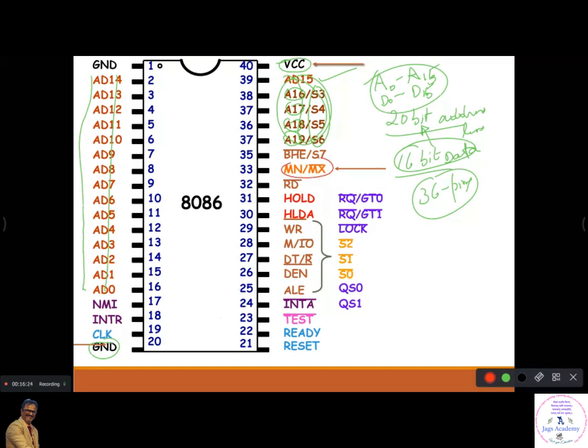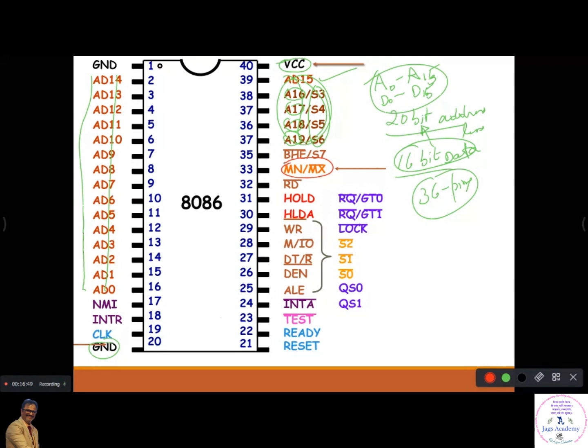Let us see about very important signals. Min max. What is min max? Right. This microprocessor can be operated in two modes, the minimum mode and the maximum mode. We'll see what happens when it is operated in min mode and what happens when it is operated in max mode. See this MN/MX, it's written as min slash max bar.